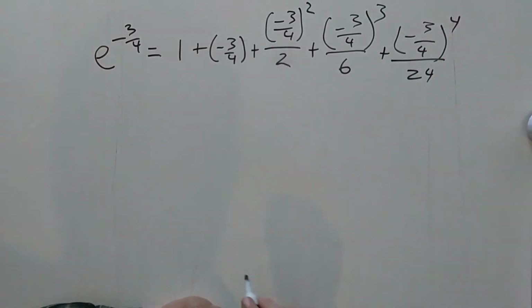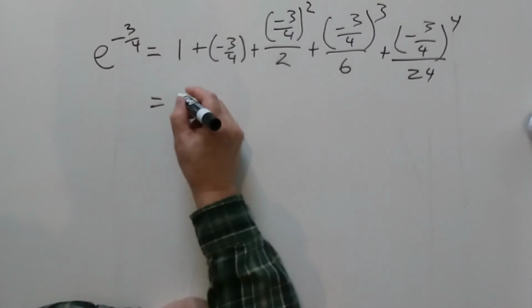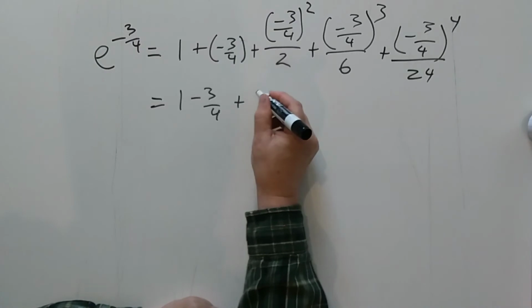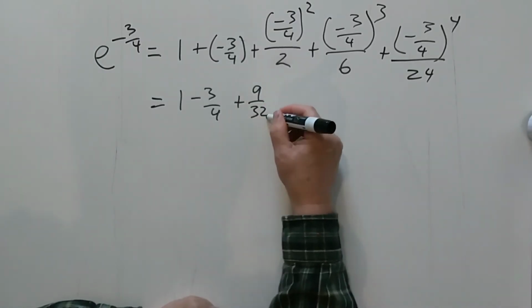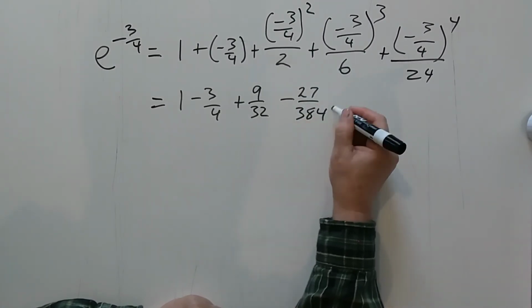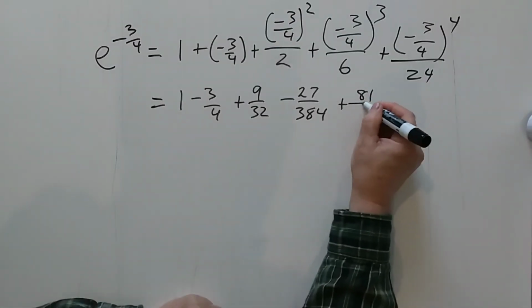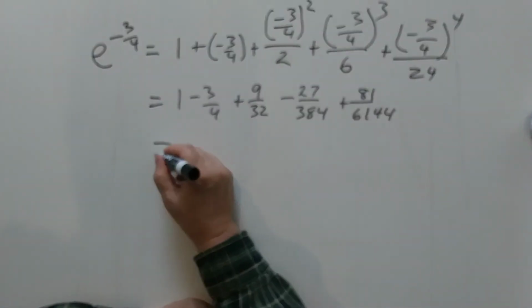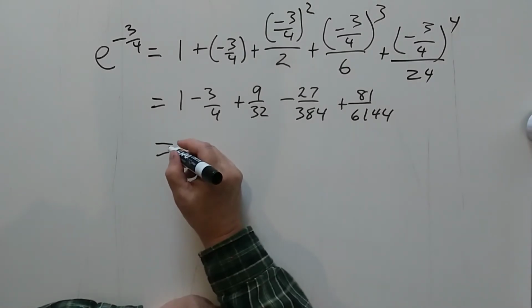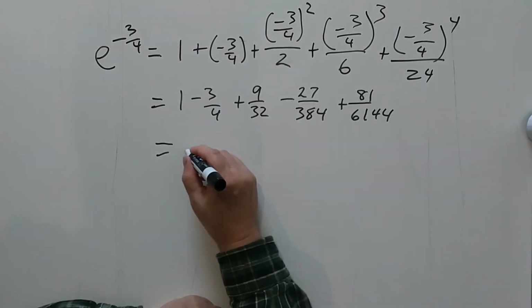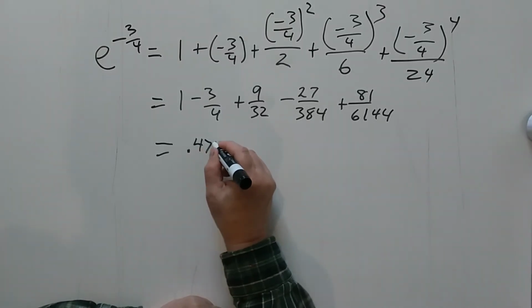We're only going to go up to the 4th power. This will simplify to 1 minus 3/4 plus 9 over 32 minus 27 over 384 plus 81 over 6,144. And of course, if you use your calculator on this, it will come out to be approximately 0.474.